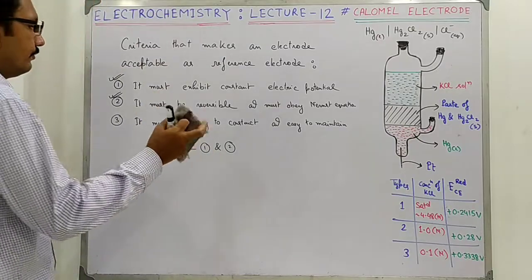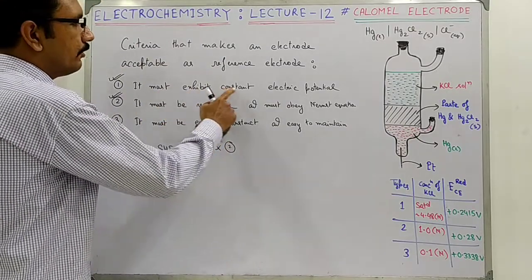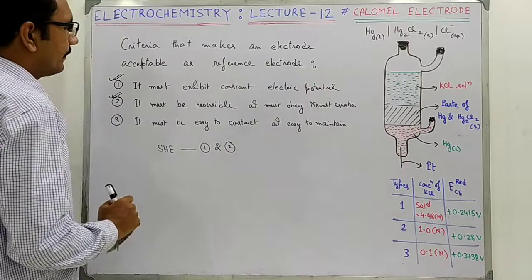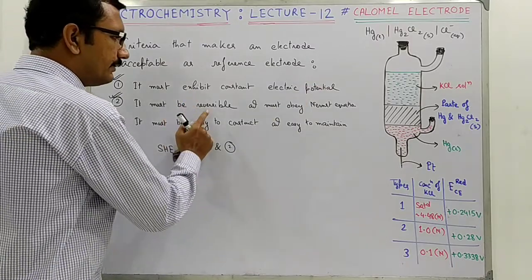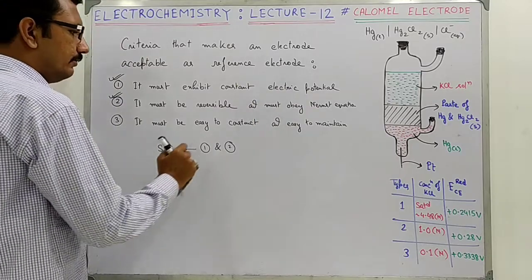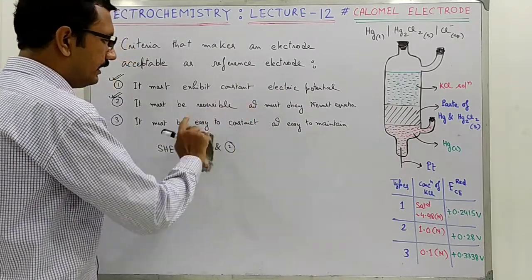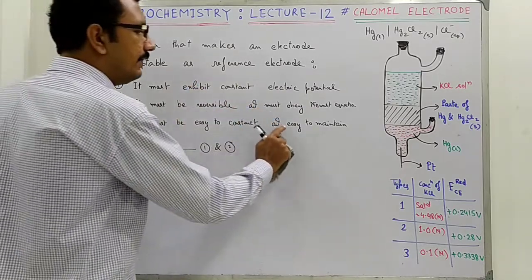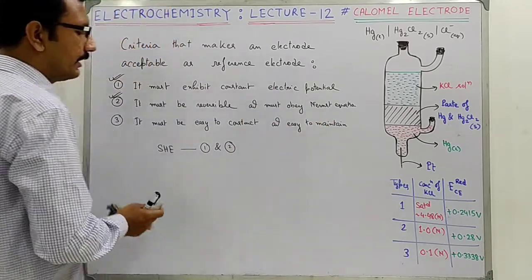The Calomel electrode exhibits constant electric potential, it is reversible and it obeys the Nernst equation, it is almost easy to construct, and it is easy to maintain.